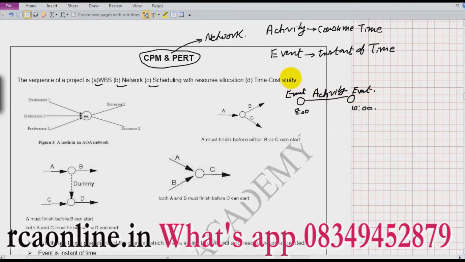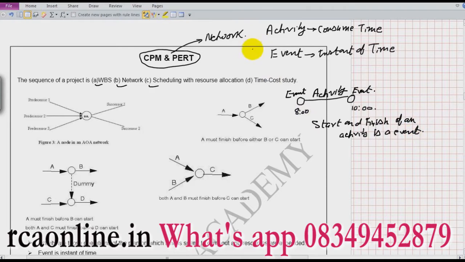So you can say the start and finish of an activity is an event. Hence, start and finish of an activity is an event.